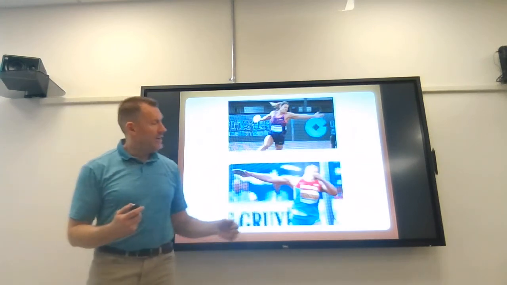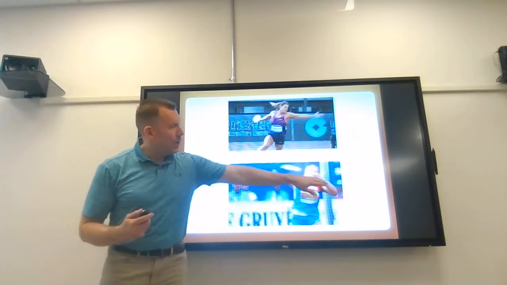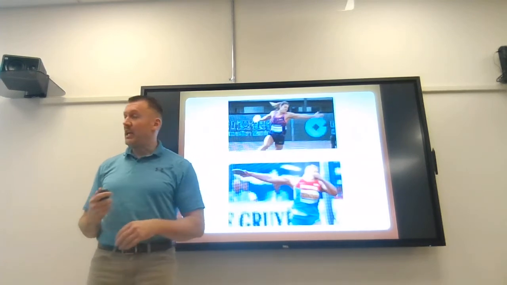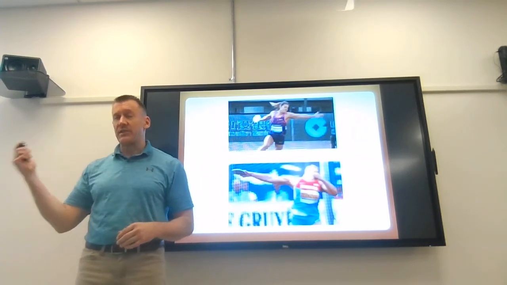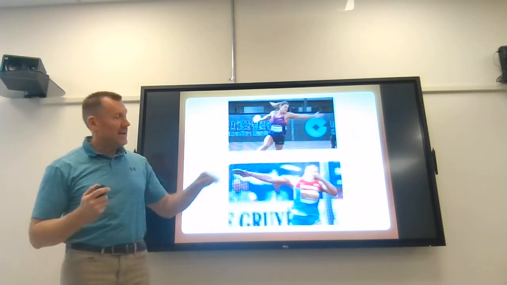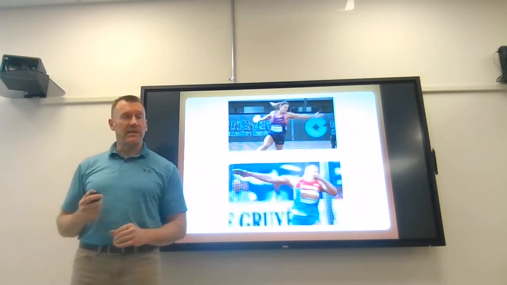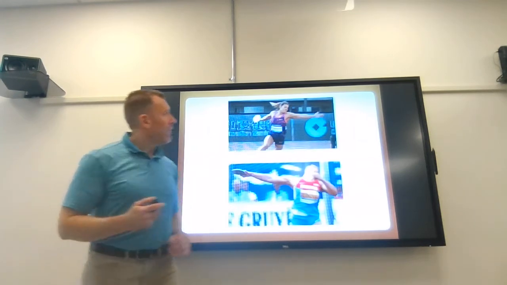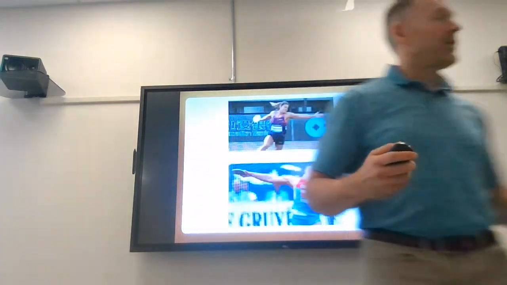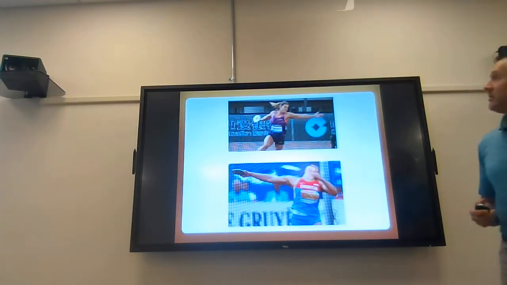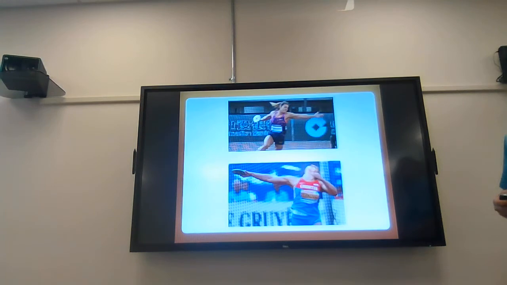Then as they get ready to release, they're pulling the non-throwing arm in, and that increases how fast they're spinning, and that puts that speed on the discus as they release it. I think this lady's from Croatia. I'm not sure. She held the world record at one time, but I have to check and see if she still does.